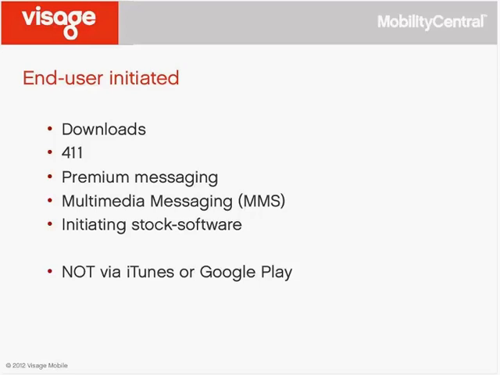By virtue of opening that software and giving it certain authorizations, you can have that cost billed back to you as a company. These are not going to include downloads done via the iTunes or Google Play stores or any other third-party app development stores that reside on the device but bill their personal cards.